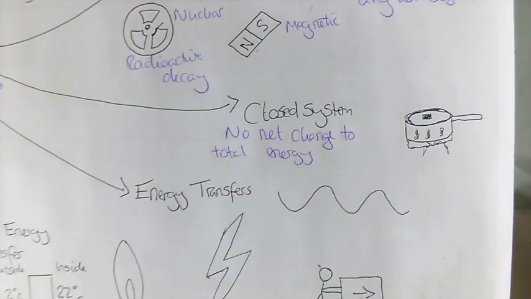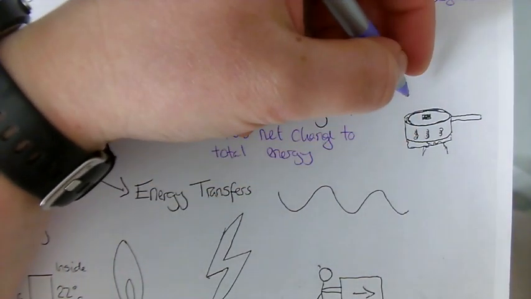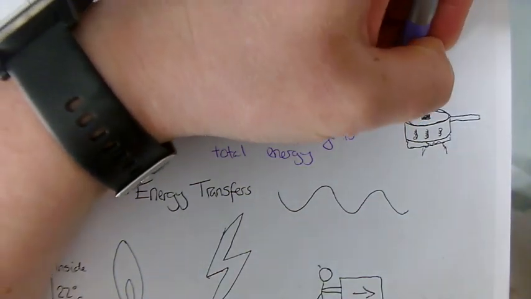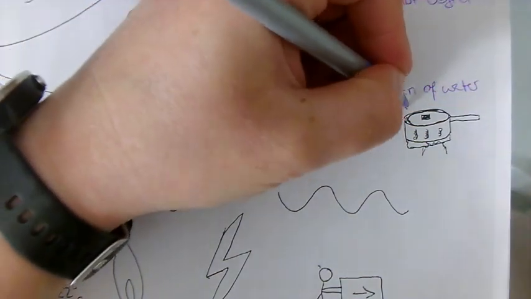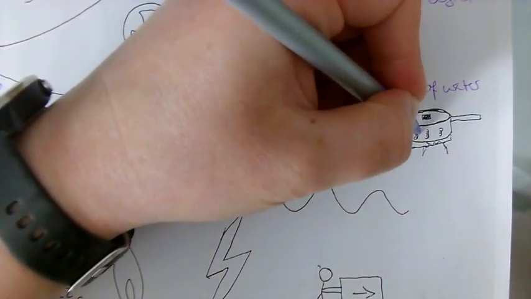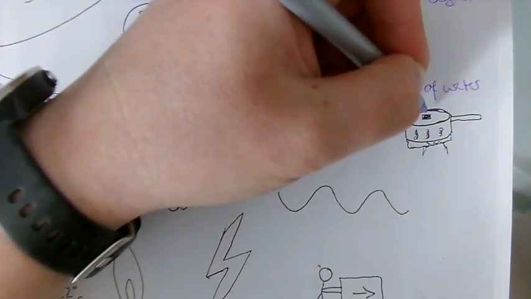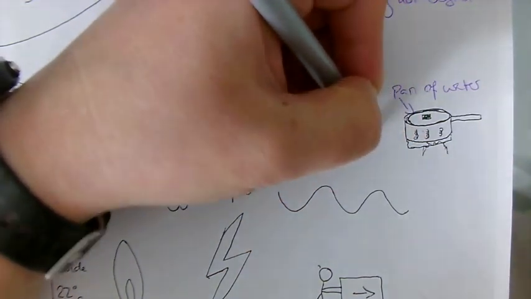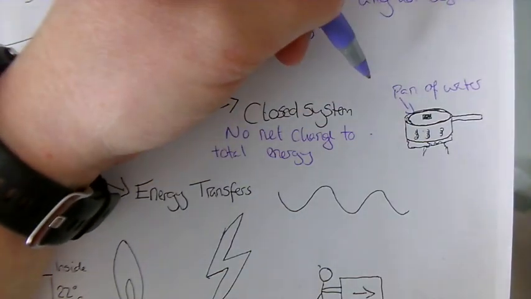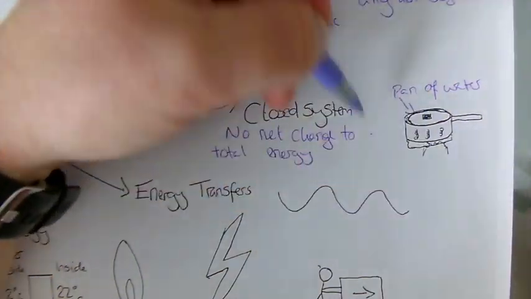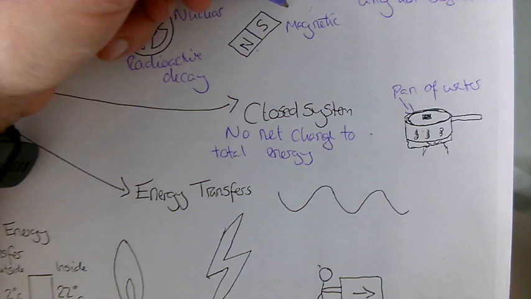That means that there is no transfer outside of the system. So this would be a pan of water. Because there's a lid on it, it is a closed system. So in here, there is no net change between here and the outside. Whereas if we have the pan lid off, we then have a way to have it escape, which means we have an open system.